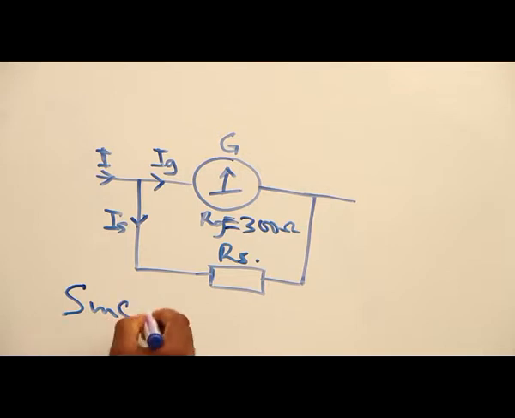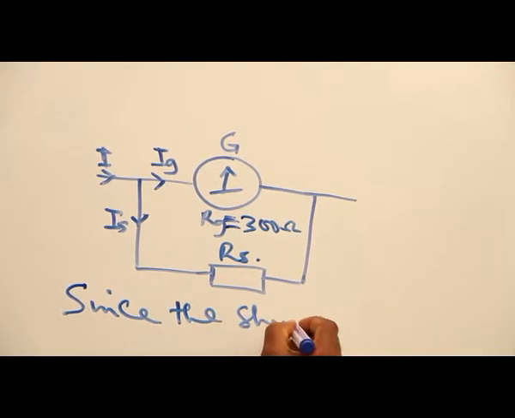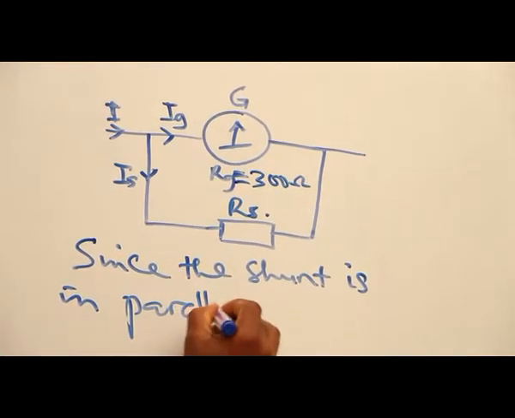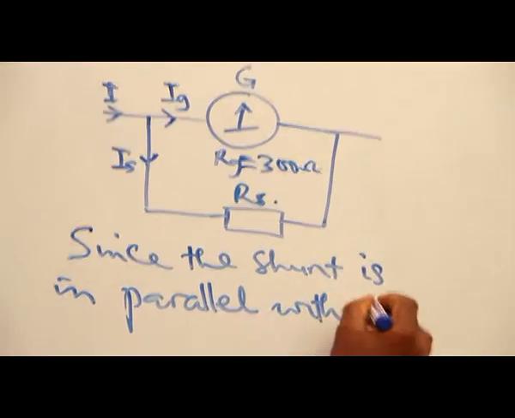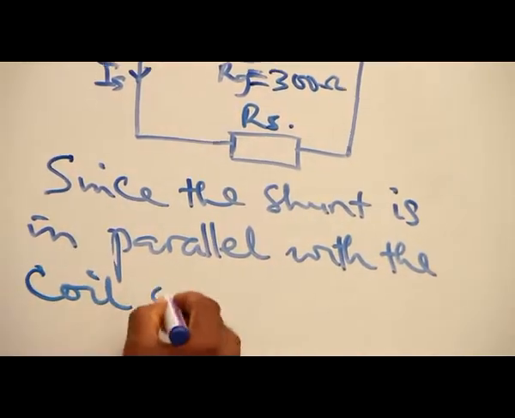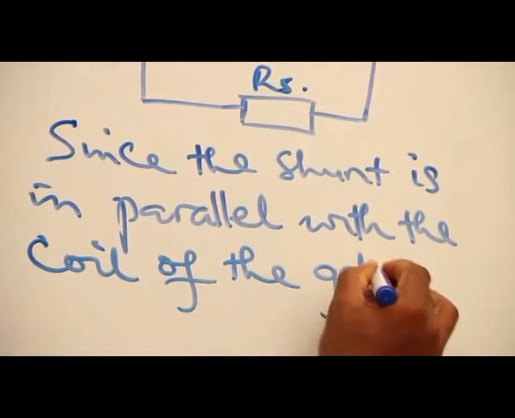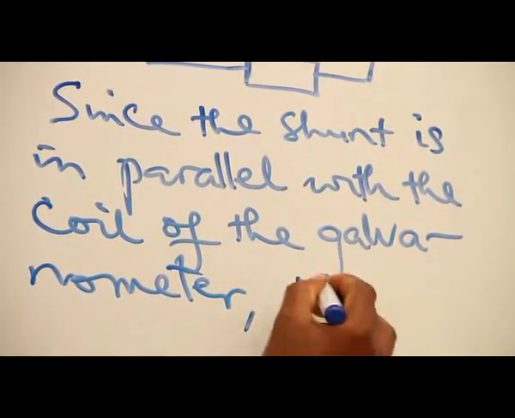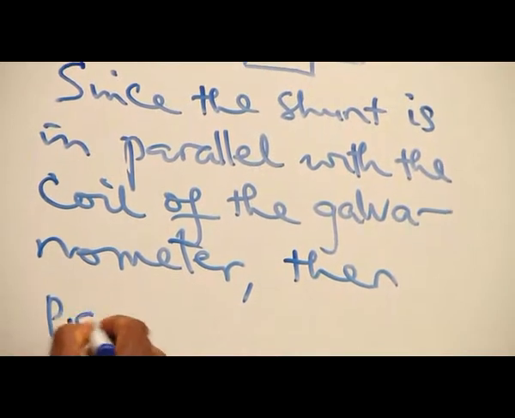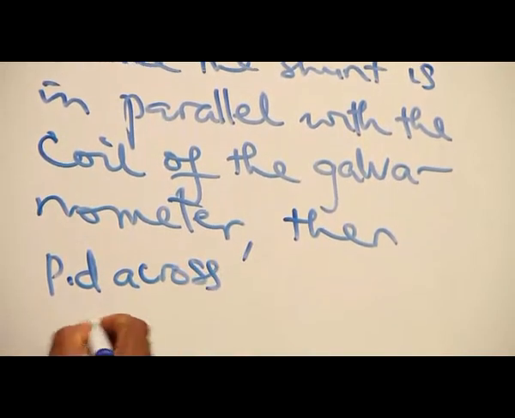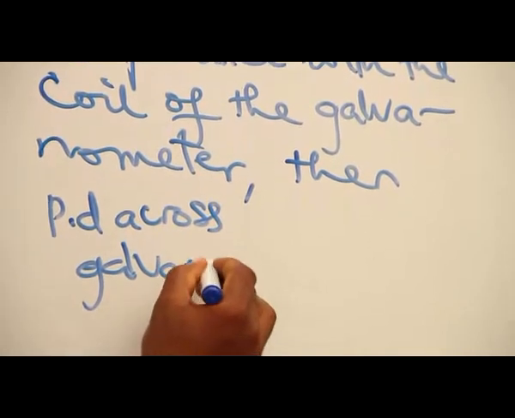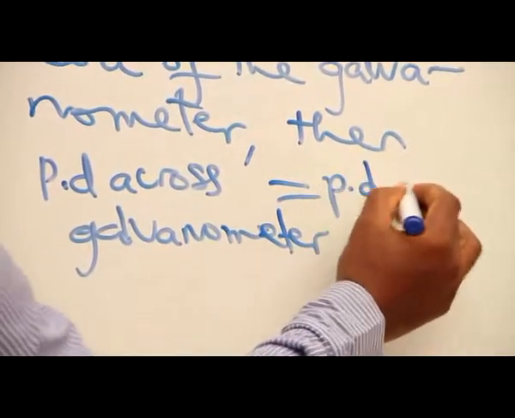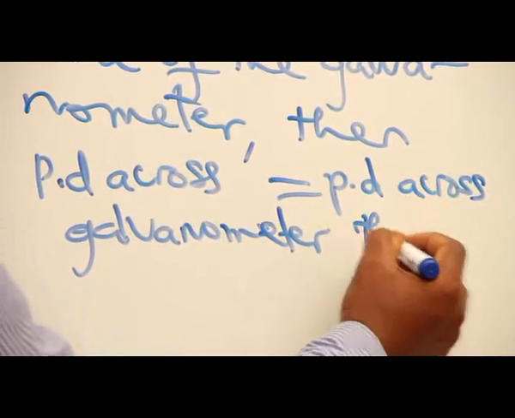Since the shunt is in parallel with the coil of the galvanometer, then the PD across the galvanometer is equal to the PD across the shunt.